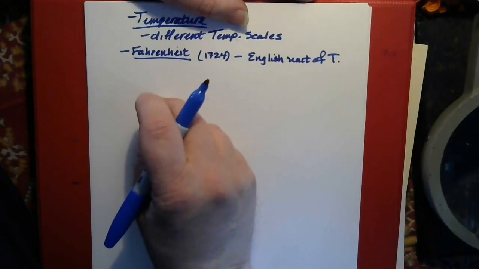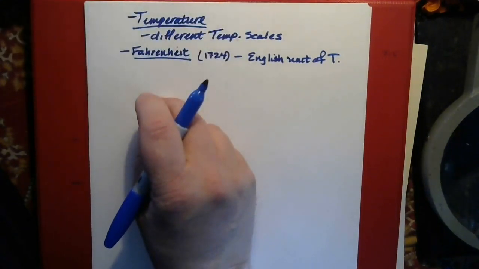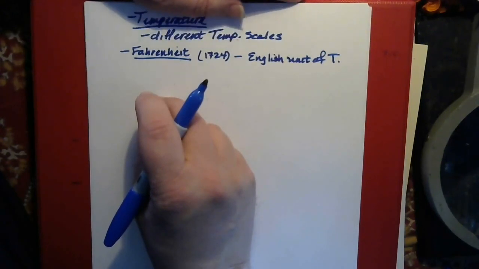It was developed by Daniel Gabriel Fahrenheit, a German physicist, and he's the guy who invented the mercury thermometer a few years earlier.